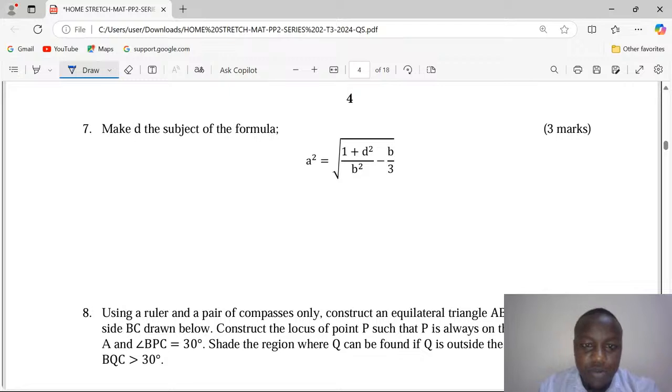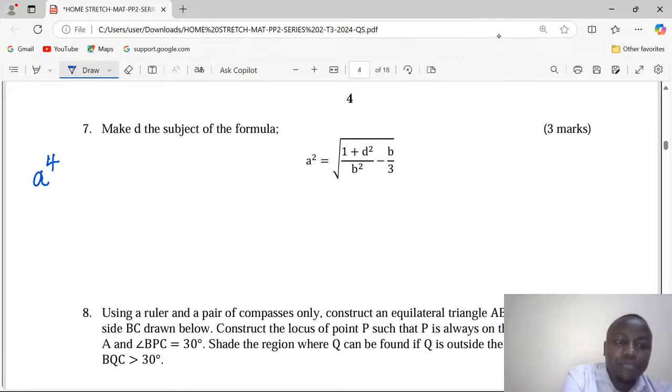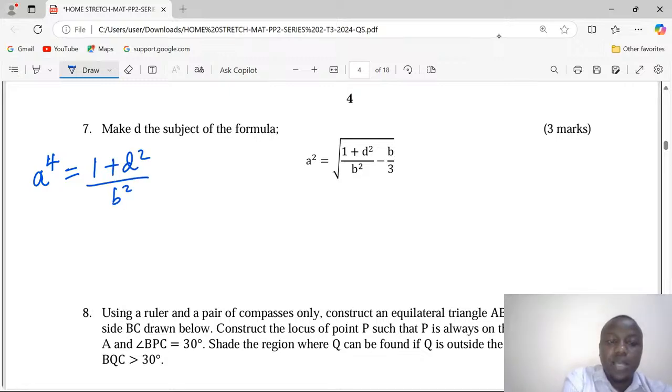So the first thing we shall do here is to square both sides. To do away with the square root sign, we square both sides so that the left-hand side squared becomes now a power 4. Because it's already power 2 and we want to square again, it becomes power 4. Then the root sign is done away with: 1 plus d squared out of b squared minus b out of 3.